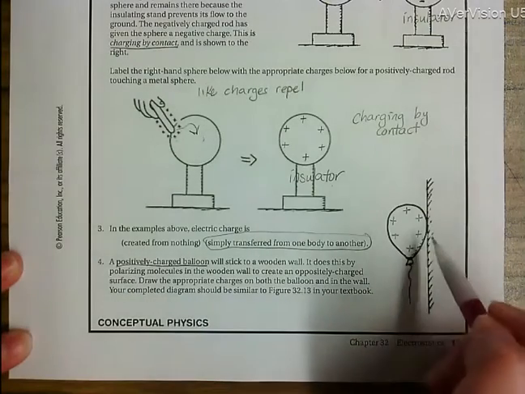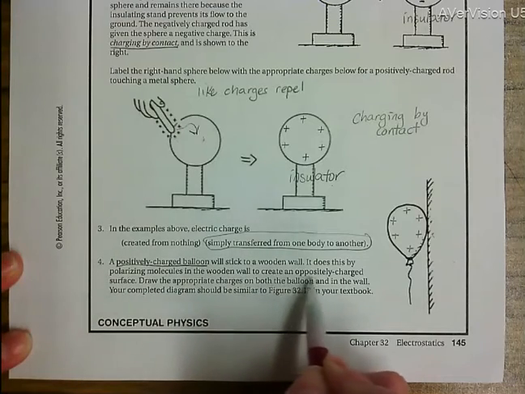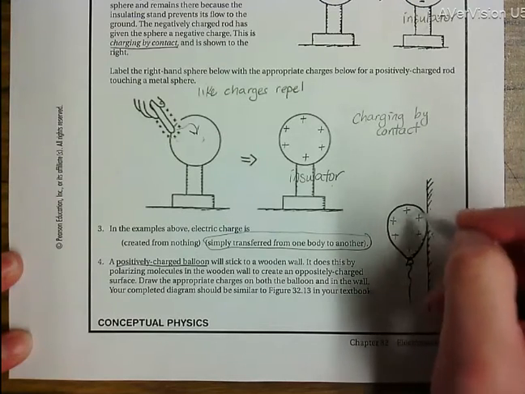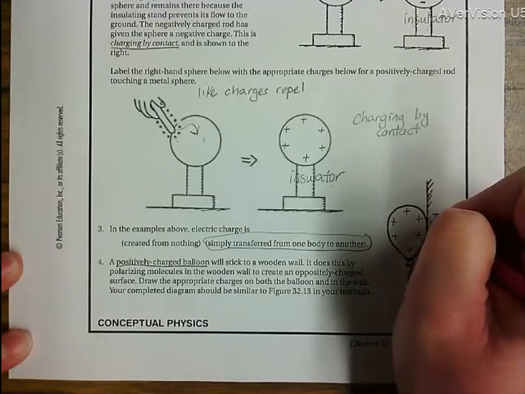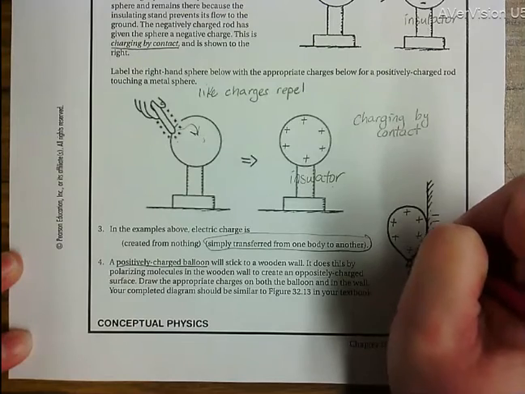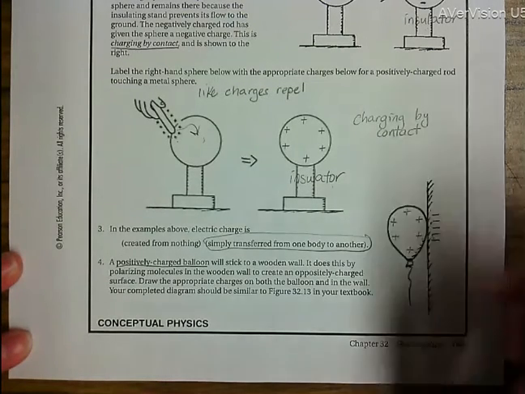It's sticking to this wall by polarizing the molecules in the wooden wall to create an oppositely charged surface. So this is causing a charge here. And so this area of the wall that is near the balloon is going to be negatively charged. Why is it negatively charged?